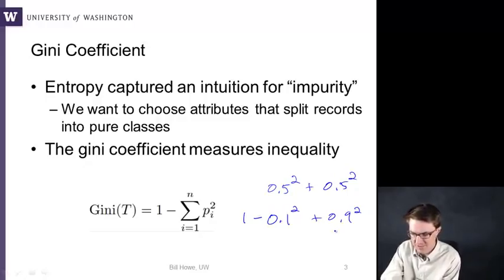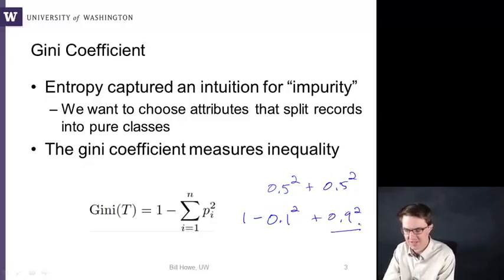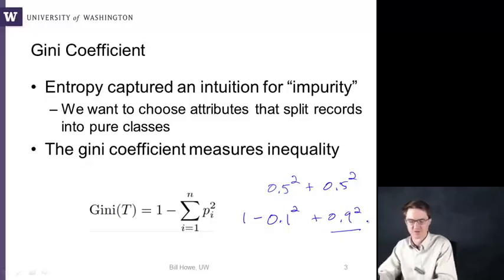And this makes sense because if 90% of the values are one value and only 10% of the other, then this attribute is more pure than something that is evenly split. And so you still got this function that's ranging from 0 to 1, capturing some notion of purity. And this has that same property as entropy did.